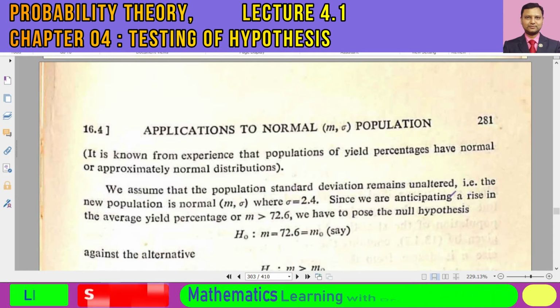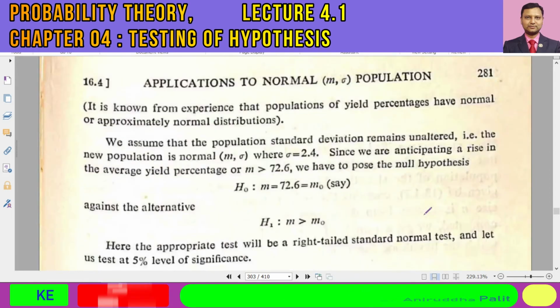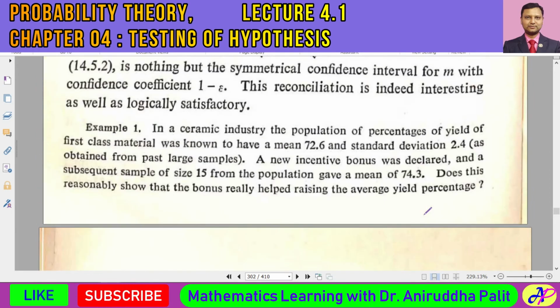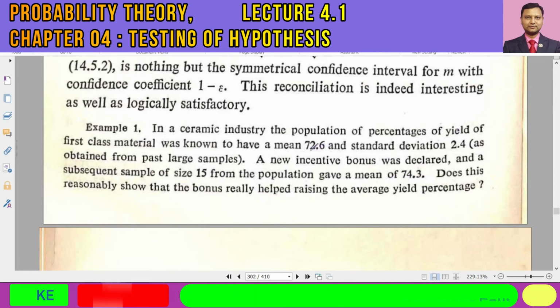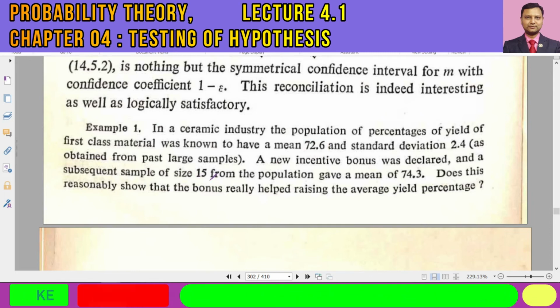But if it is not provided, then what happens? Then already what we have given is that the population mean is equal to 72.6, and sample size is equal to 15.